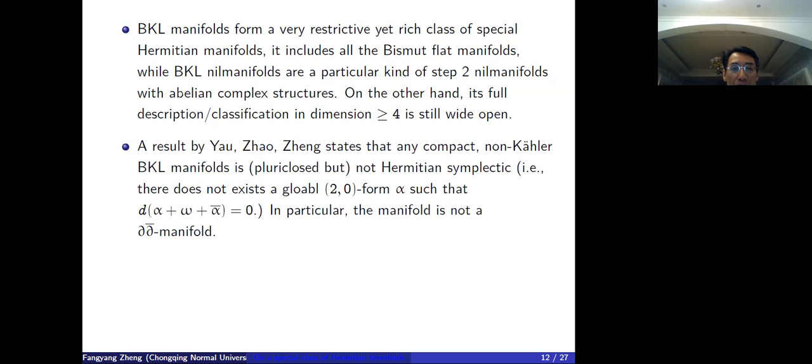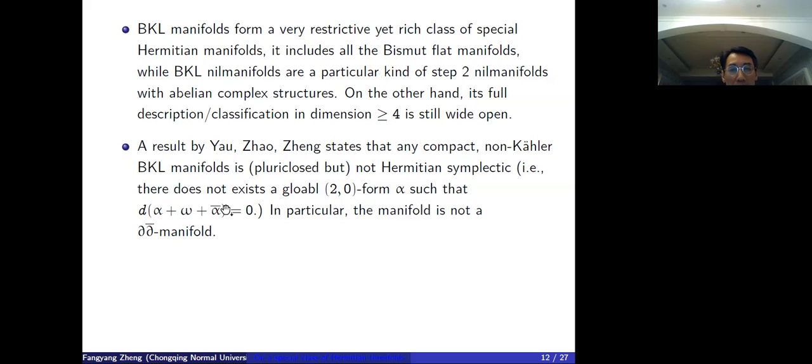So then for general dimensions, in this paper with Yao and Zhao, we had some structural results, but only sporadic here and there. For instance, we showed that it doesn't admit any Hermitian symplectic metric. Hermitian symplectic means that you can add a 2-0 form to this Kähler form to make it a symplectic form.